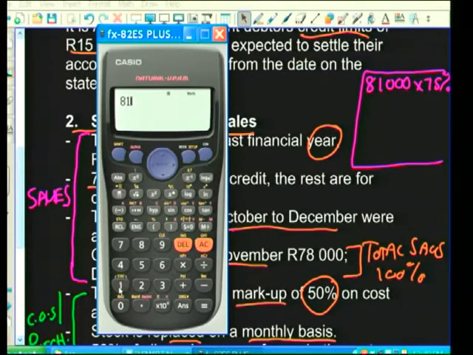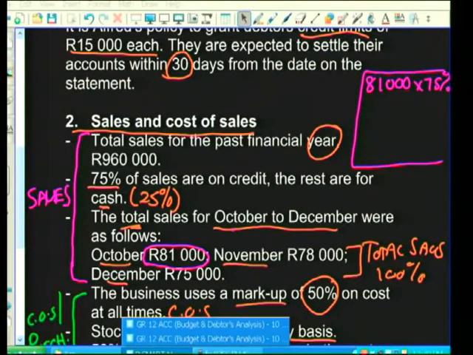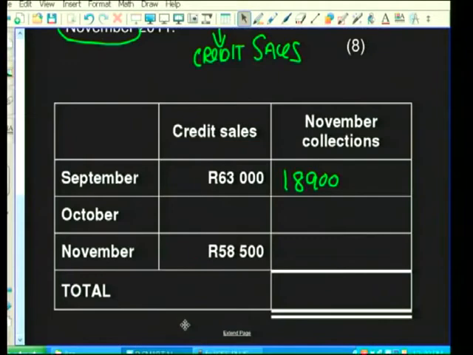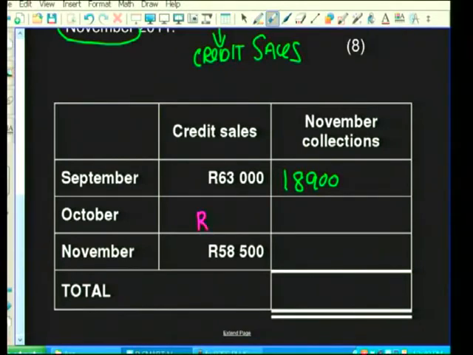So I've got 81,000 times 75%, guys, and my credit sales is an amount of 60,750. So immediately, let's take that through to our answer sheet. Okay, and let's fill that in. Okay, credit sales is an amount of 60,750.